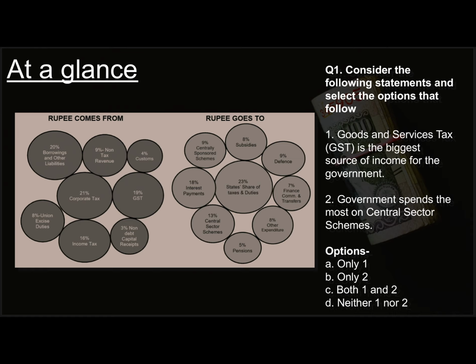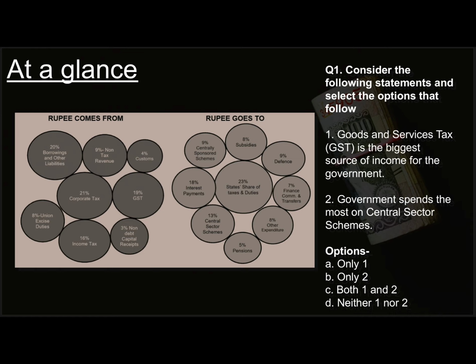So now coming to this year's full budget. This is a very interesting diagram that gives insights into the government's income and expenditure. Let's try to attempt this MCQ. Statement 1 says, GST is the biggest source of income for the government. Statement 2 says, government spends the most on central sector schemes.